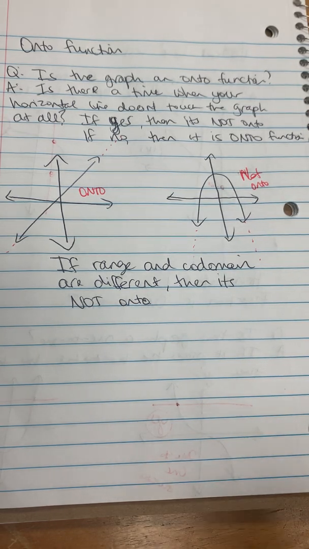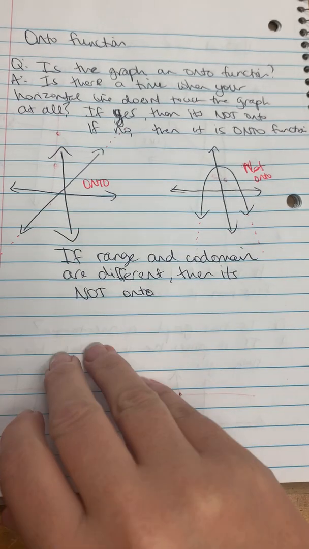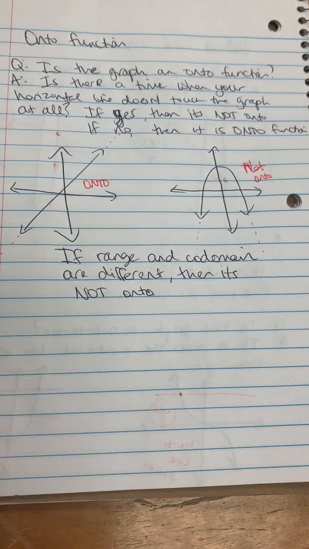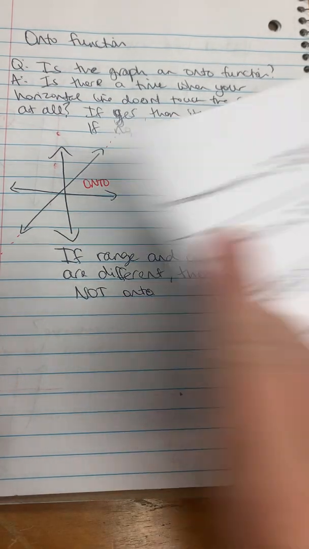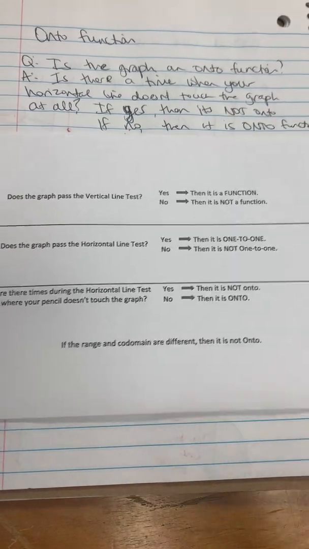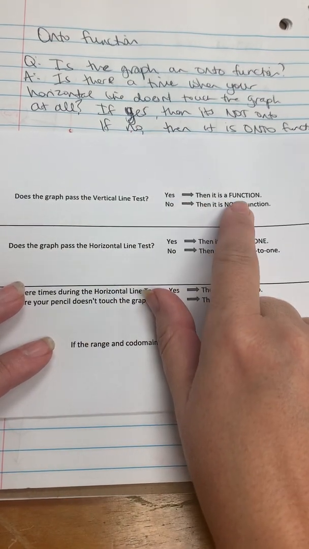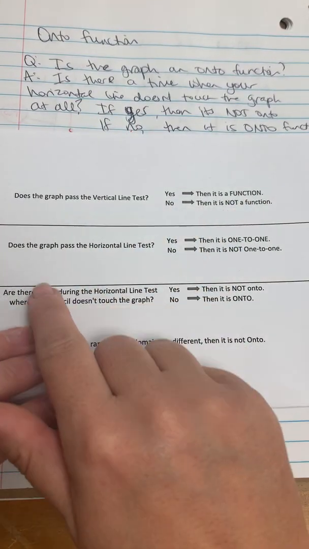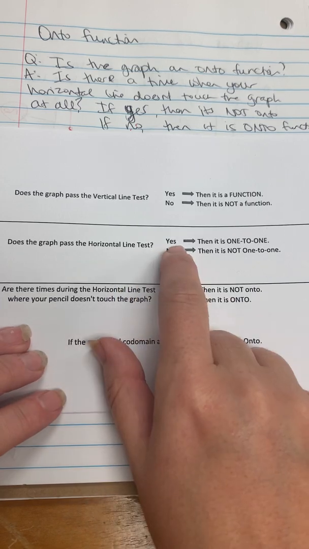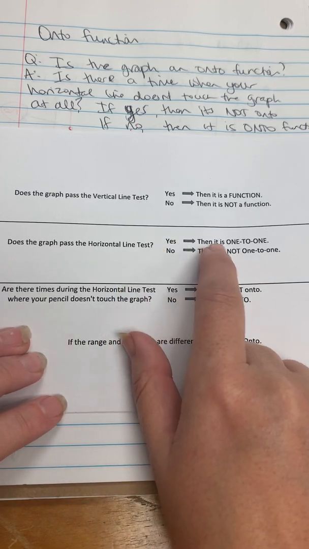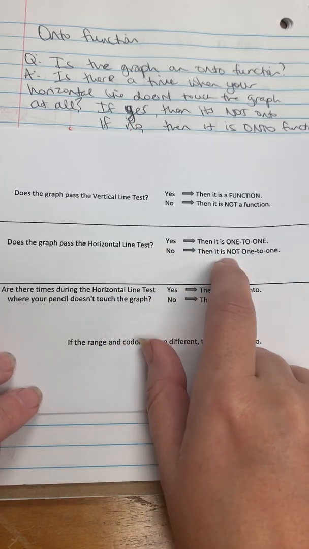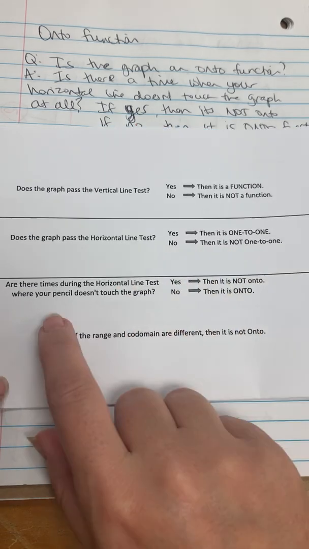So to recap, you have your vertical line test, which tests for, is it a function, okay? If it passes, it is. If it doesn't, it's not. You have your horizontal line test. If it passes the horizontal line test, then it's a 1-to-1. And if it doesn't, then it's not a 1-to-1.